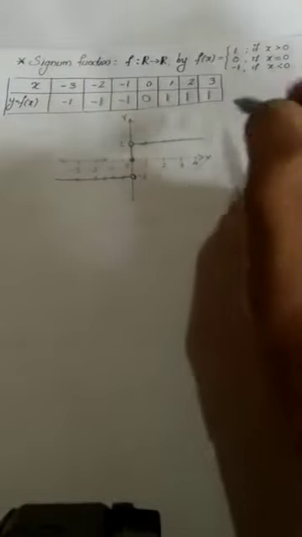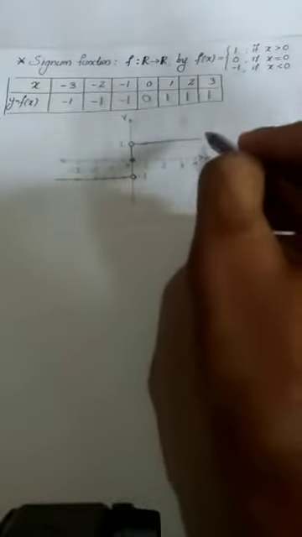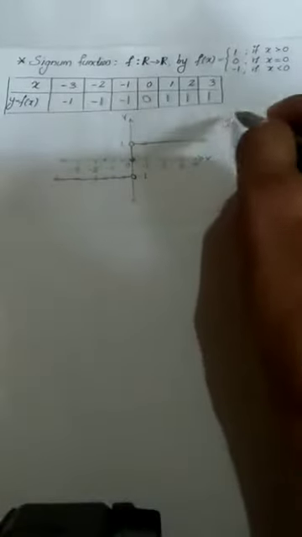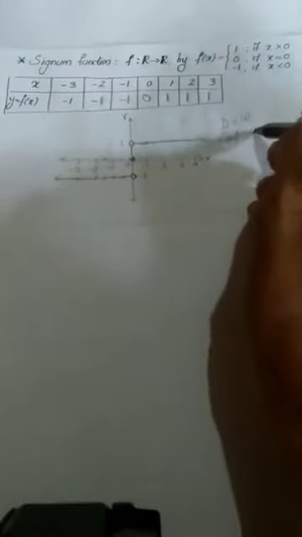So here the domain is not finite, it is endless. So the domain is R, there is no doubt. Codomain is again R, there is no doubt. So what is the range?